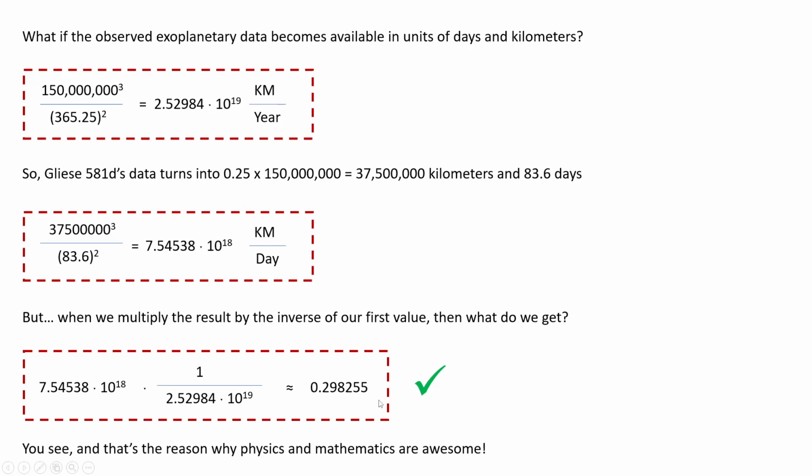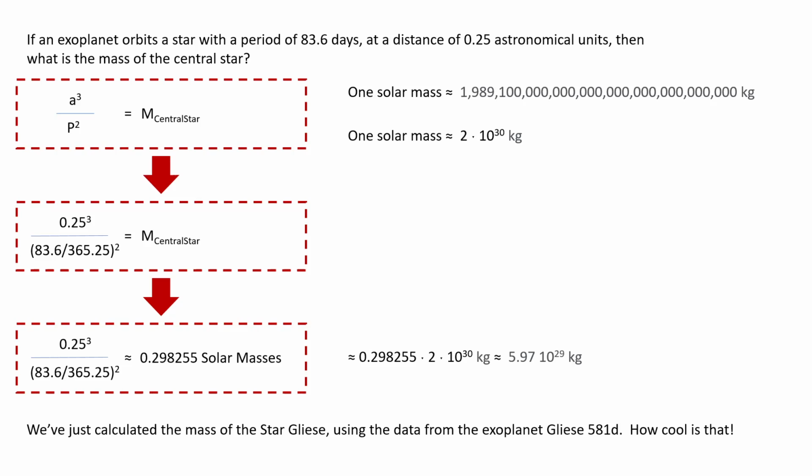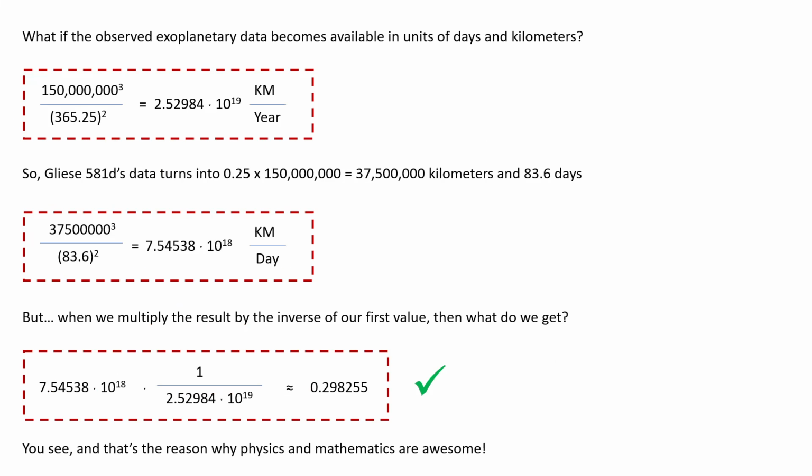You get 0.298255, which is this number again. So now we're able to simply multiply again by the mass of our sun, and as an output we get the mass of our star out there, in this scenario the Gliese star. How cool is that?